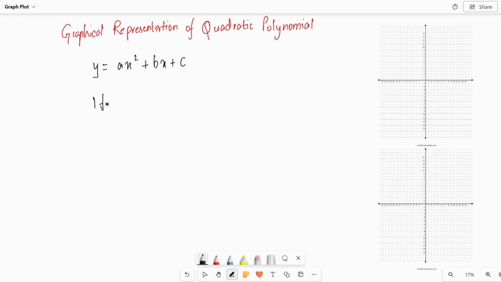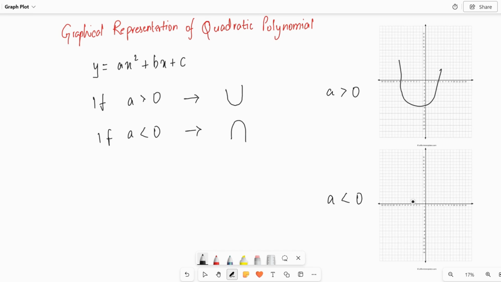If a is greater than 0, the parabola will open upwards like a U shape. And if a is less than 0, the parabola will open downwards like an upside down U shape. Something like this when a is greater than 0, and if a is less than 0, it is like this.